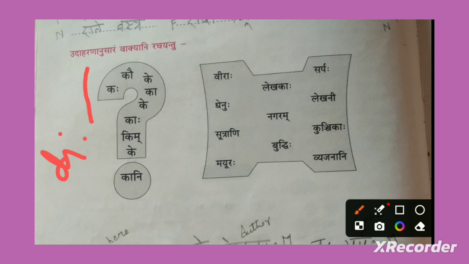Kaha kau ke is the male gender, singular, dual and plural form. Ka ke kaha is the female gender of how or what. And kim ke kani is the neuter gender. Male gender, female gender, neuter gender of how or what.